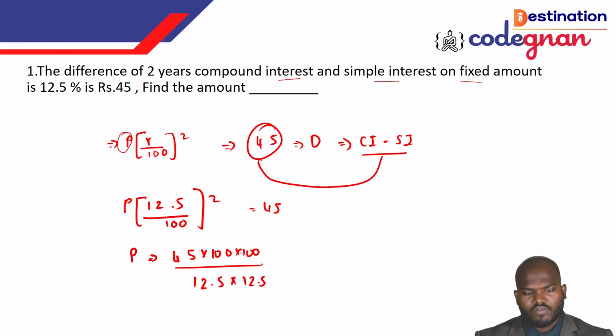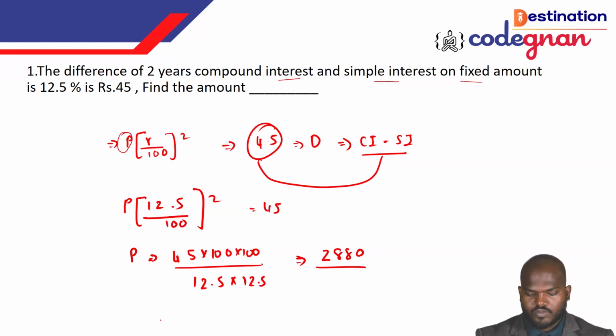Guys, with respect to the fifth table, if I cancel this, I can get the value 2880. So this is how we get the value. Please kindly take down this question. Very simple formula, very simple method, and we get the answer very quickly.